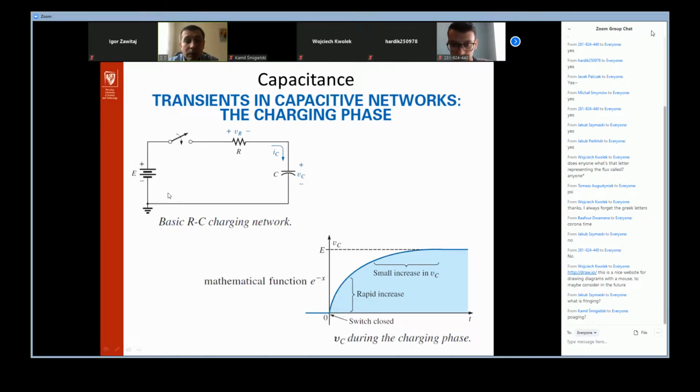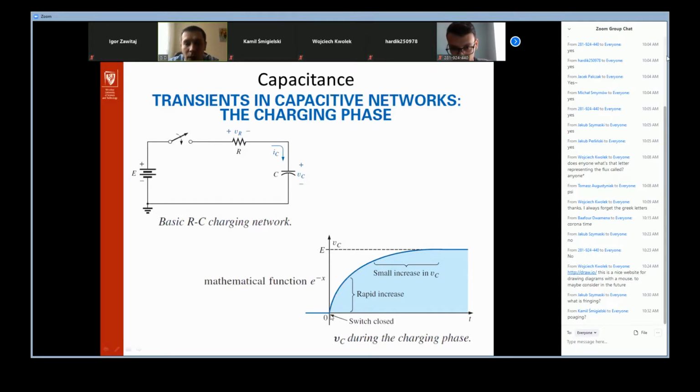Because when we turn on the switch, the capacitor is empty, so it doesn't have any charges on the plates. The charges appear due to current flow, so electrons move from the top to the bottom plate. But at the first moment, the voltage drop on it was equal to 0 because we haven't any charge.